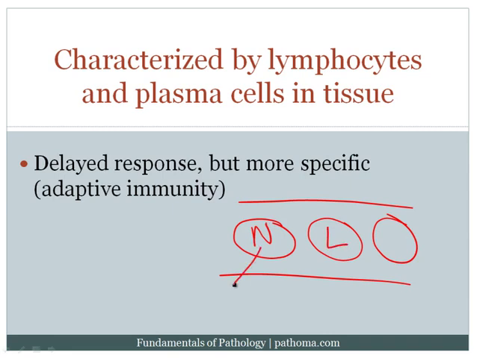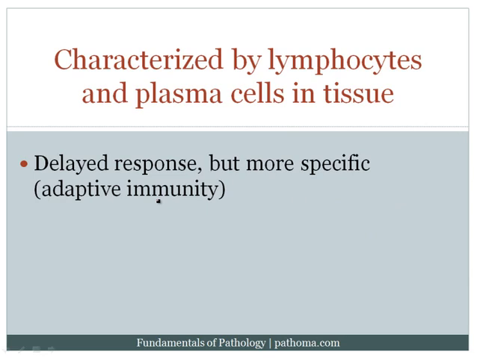When you bring neutrophils out into the tissue space, that's called acute inflammation. And when you call lymphocytes into the tissue space, that's called chronic inflammation. And those lymphocytes can also become plasma cells. And so the chronic inflammatory state is basically characterized by the presence of lymphocytes and plasma cells in tissue.